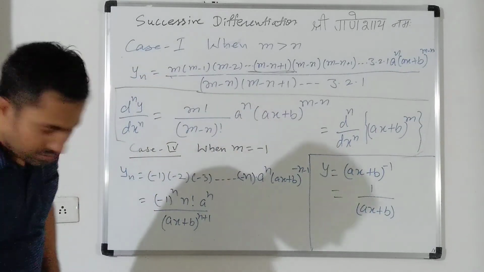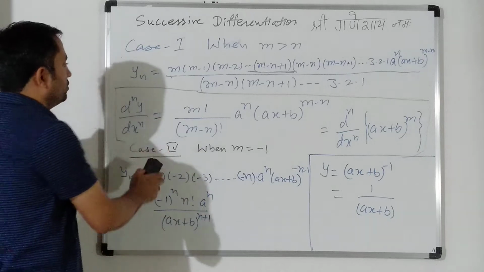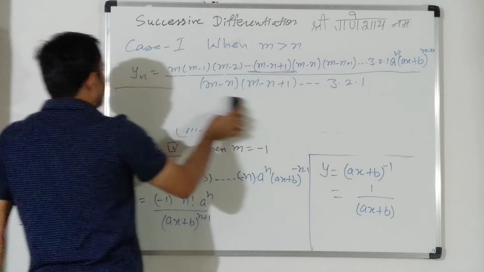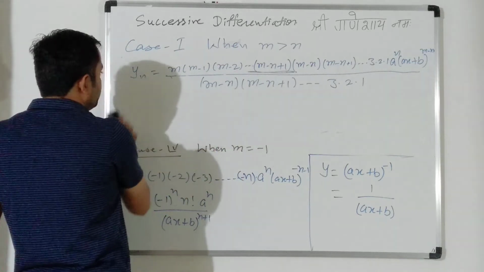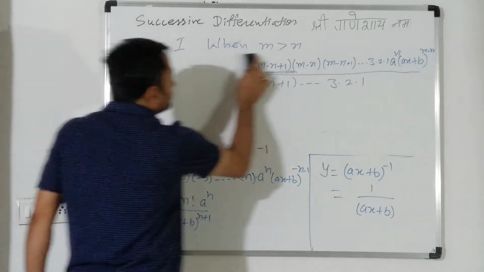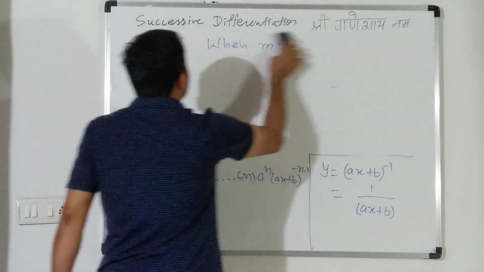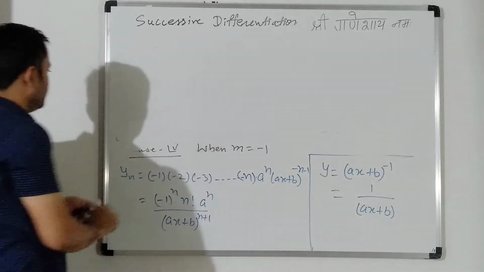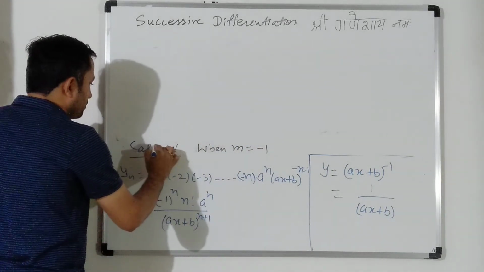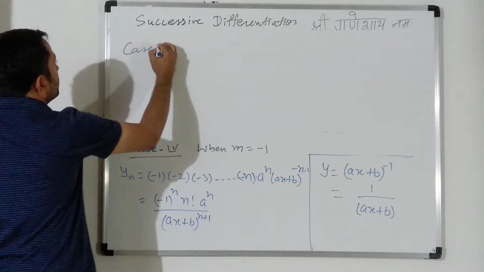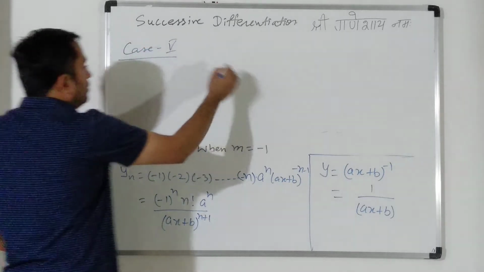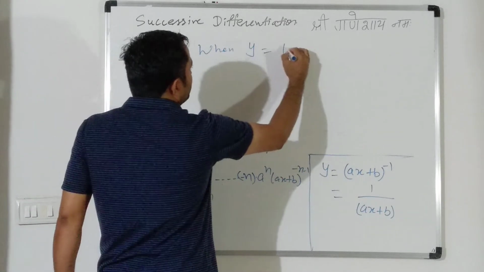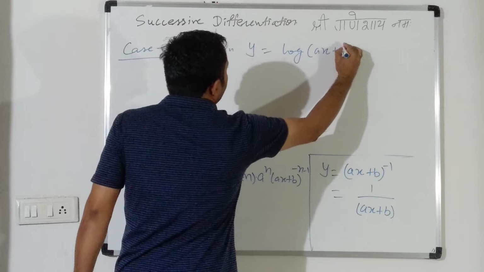Now, after having this case 4, we will have case 5. In this case 5, we take y equal to log of ax plus b.